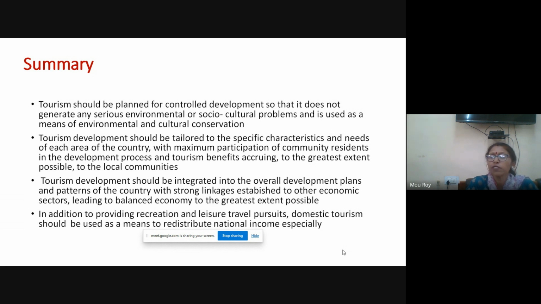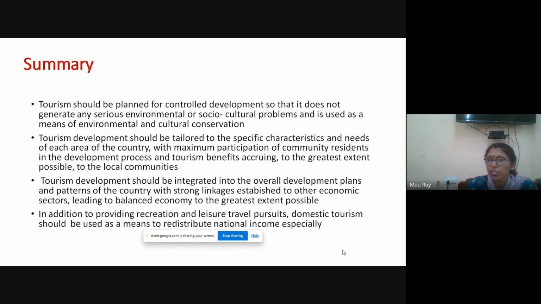Okay, so tourism development should be integrated into the overall development plans and patterns of the country with strong linkages. Strong linkages, in the last class I have discussed what the linkages are.